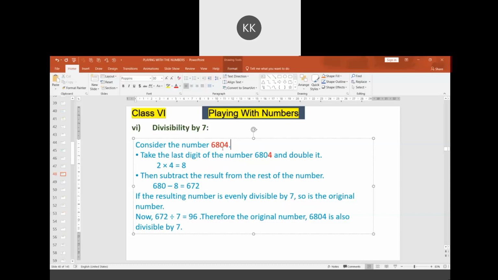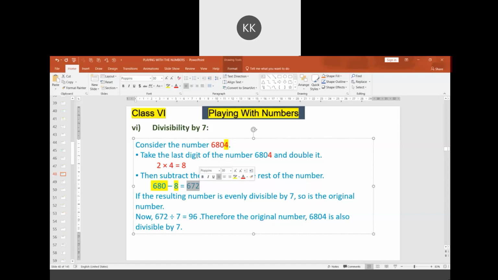Once again, I'll repeat. We have to look at the ones place. Here the ones place is 4. Now I'll make double of the ones place, that is 4 times 2, which is 8. This 8, I am going to subtract from 680, which is the number found by the remaining digits.